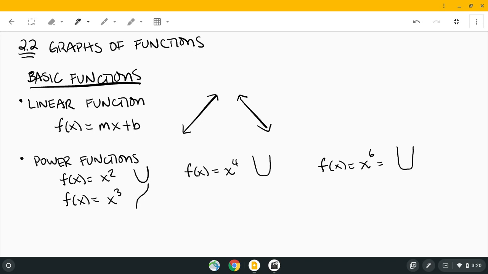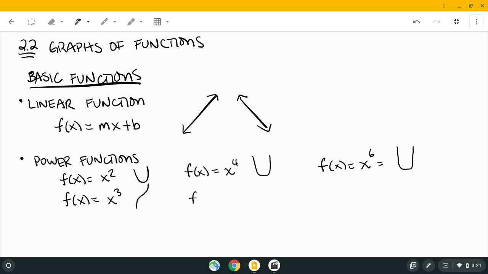Okay, and that's between -1 and 1. So try to imagine these fractions like 1/3, and you're raising it to the 6th power. So now that denominator gets bigger. So it's like 1 over a big number, which is close to 0. Okay, so that's why it gets more flat as the exponent increases.